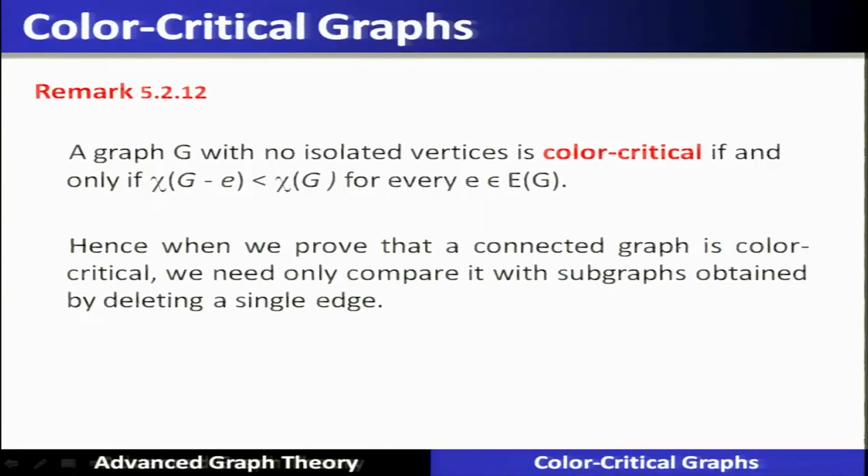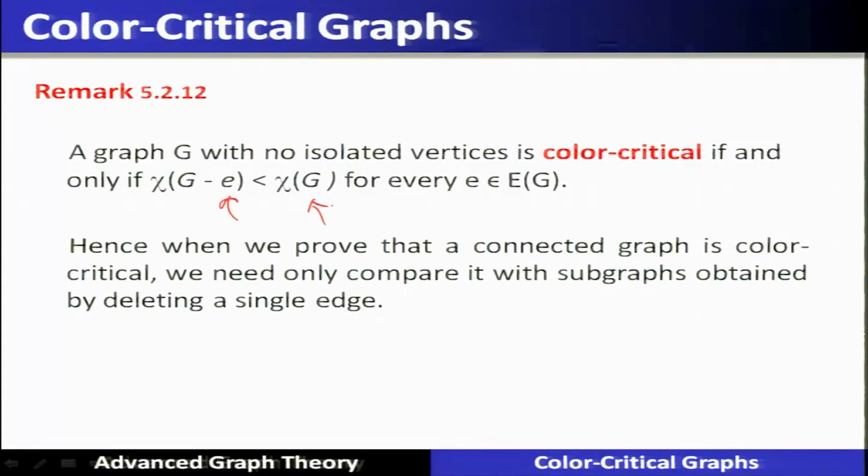Now we will see what color critical graphs are. The graph G with no isolated vertex is color critical if and only if chi of G minus e is less than chi of G for every edge e. That means if we remove an edge from a graph and the chromatic number of that graph reduces, then that graph is called a color critical graph.